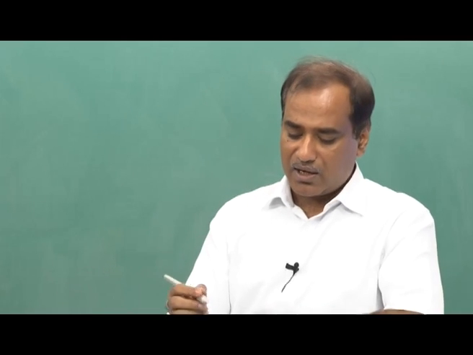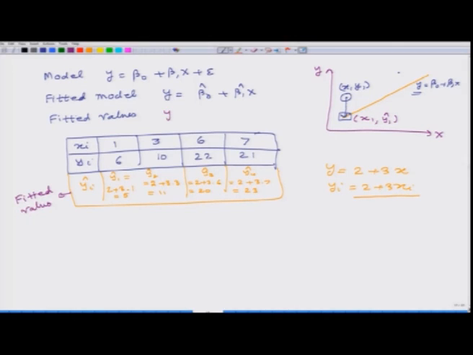I can write the fitted value as y hat equal to beta 0 hat plus beta 1 hat x, using a given value x equal to xi. So this is my ith fitted value.